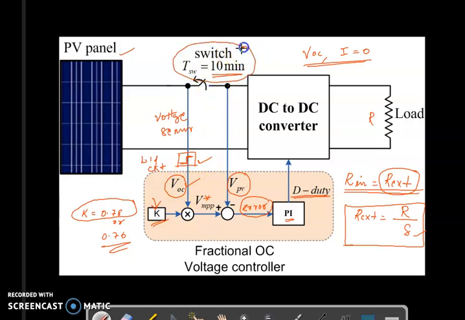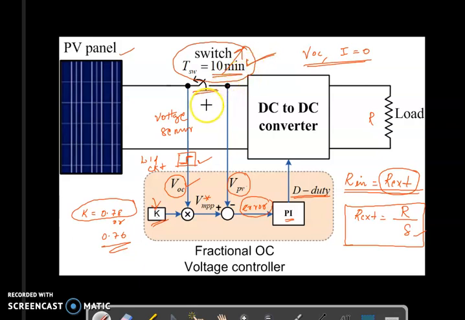Here I selected the switching period as 10 minutes, so for the next 10 minutes the controller needs to store the value of open circuit voltage. You can reduce this time, but as you reduce it, the switching frequency will increase. That means the PV is disconnected from the load more often, which will impact the performance of this controller. So 10 minutes is a fairly good approximation for closing and opening the switch.